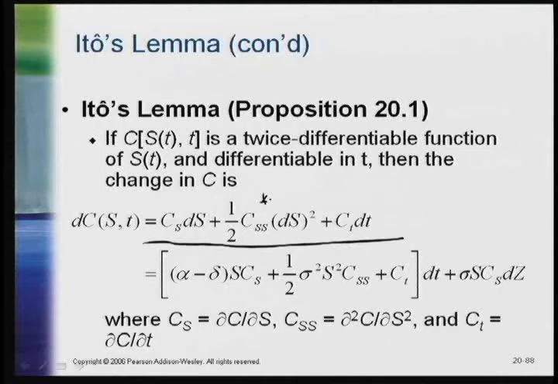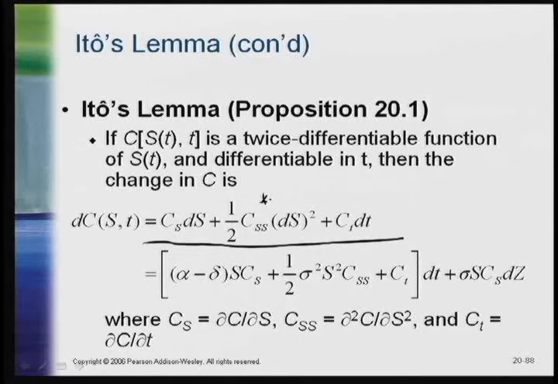Those of you who have studied calculus of two variables might say the first and the third term make sense. If I want the differential of C, and C is a function of two variables, I should take the S derivative of C multiplied by ds, and the T derivative of C multiplied by dt. And Ito's lemma says, in addition to that, which is what you would get from ordinary calculus of a function, there is an additional term in the middle.